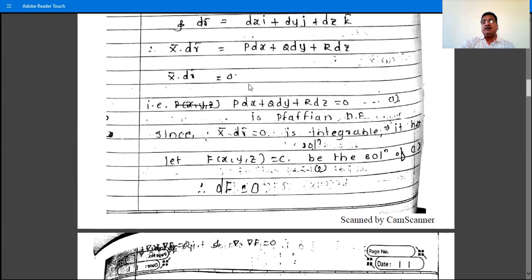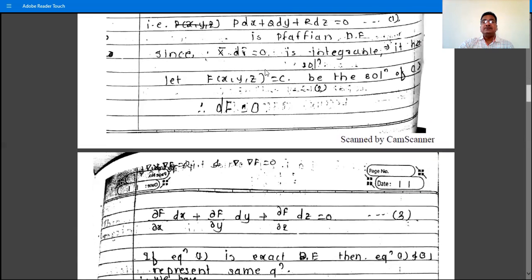If equation 1 has a solution, it is either exact or reducible to exact. That is, either it is exact or it has an integrating factor, and after multiplying by that integrating factor, it becomes exact.